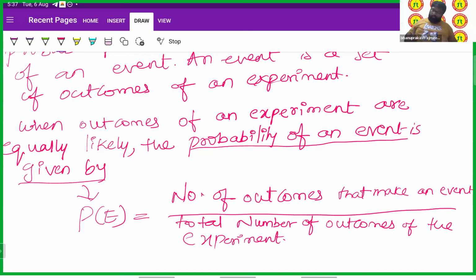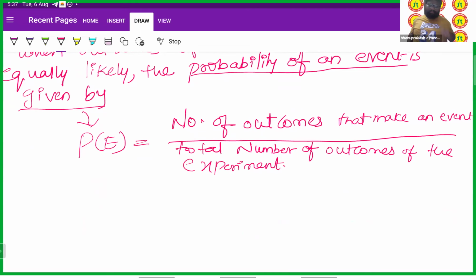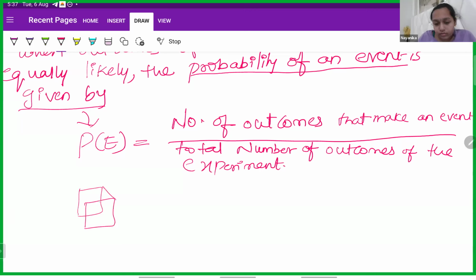What is the number of outcomes that make an event? And the total number of outcomes. I will give you an example. I am rolling a dice one time. So this is the dice. You know, a dice has 6 faces, right?